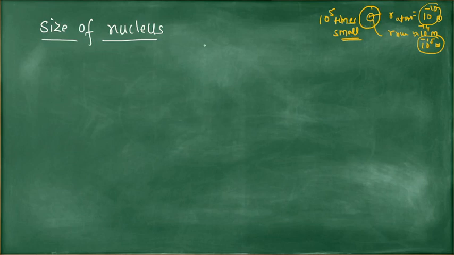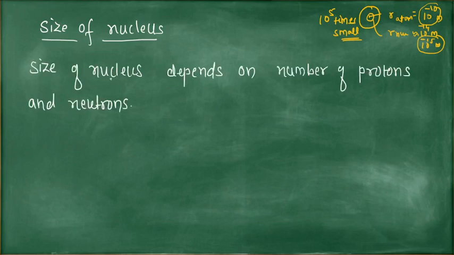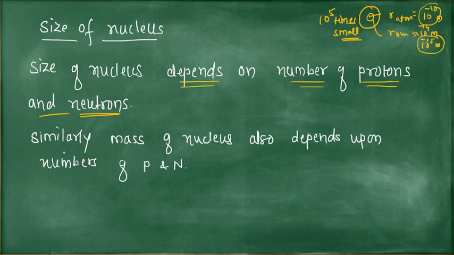On what factor does the size of nucleus depend? Size of nucleus depends on the number of protons and neutrons. Together we call these nucleons.